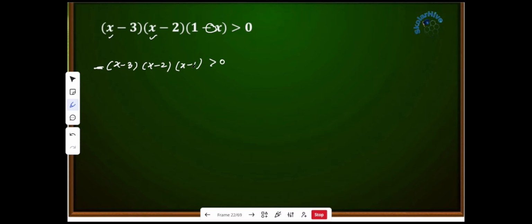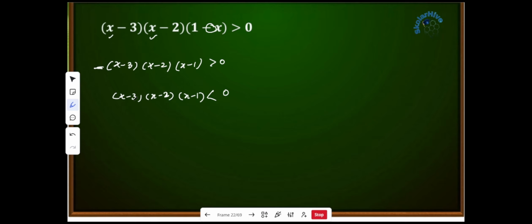So this will become x minus 3, x minus 2, x minus 1, the inequality will change its direction, and 0 into minus 1 is 0. Now we have the standard form. So let's find the critical points from here.